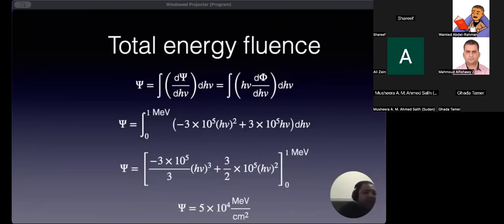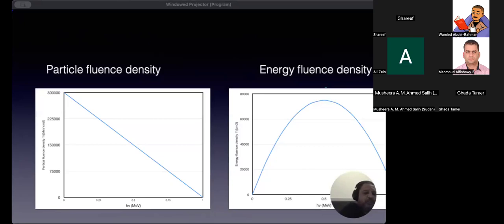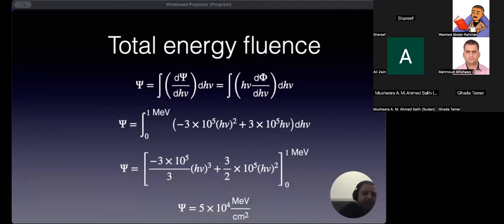Sorry, on the previous slide, this is actually the energy fluence density, not the energy fluence. We then calculate the total energy fluence by integrating the energy fluence density with respect to photon energy from 0 to 1 MeV. We do the equation here, and at the end we find that the total energy fluence is 5 times 10 to the power 4 MeV per centimeter squared.